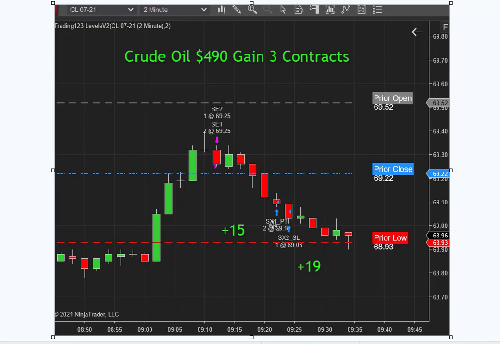My first profit target was 15 ticks on the first 2 contracts, which gives me a $300 profit, and then my trail stop kicks in and then it goes to break even. And so I'm in a winning trade and I'm just managing it. Now my target was the prior low here, which is support at 68.93.